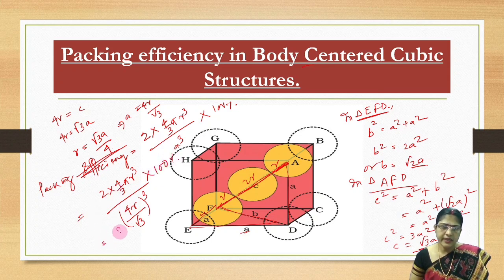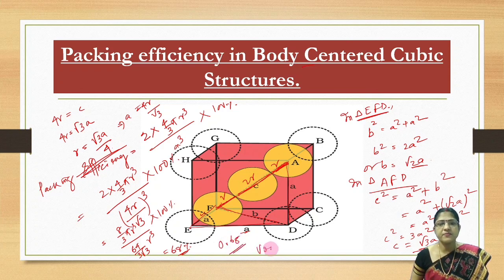It will be 8 by 3 pi r cube divided by 64 by 3 root 3 r cube into 100%. So if we calculate, we will get 68%, right? So in case of BCC, packing efficiency is 68%. So packing fraction will be how much? 0.68.